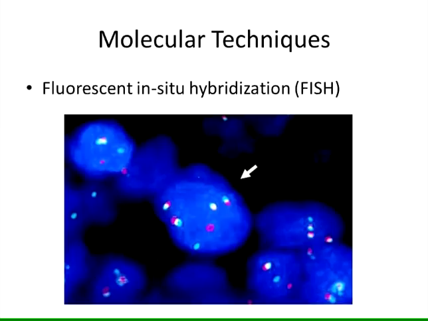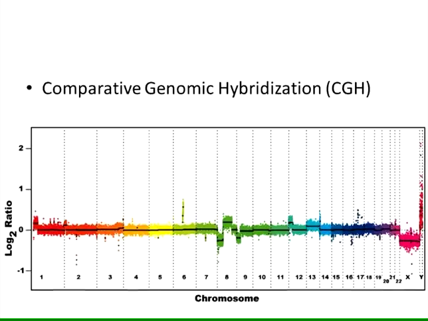This example shows multicolored markers that are normal, but if those markers are broken apart and distinct from each other, it shows an abnormality. Another tool that's available is called comparative genomic hybridization, and this looks for changes within a particular chromosome. Is there more material or less?